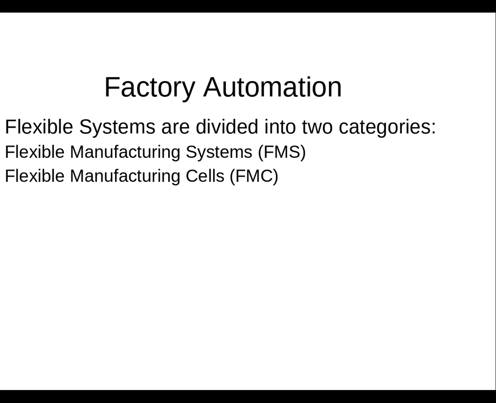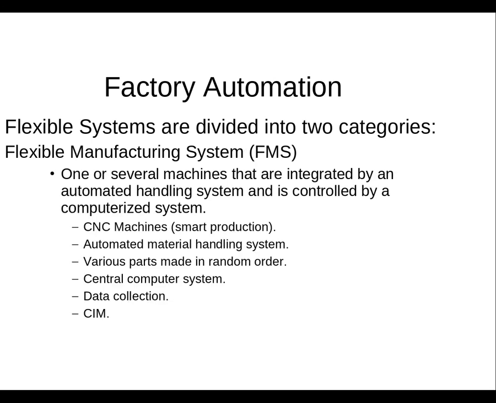And so we have these two concepts: flexible manufacturing systems and flexible manufacturing cells. The idea is that it's doing automation, and yet it can handle different parts. It can handle some variation in there.